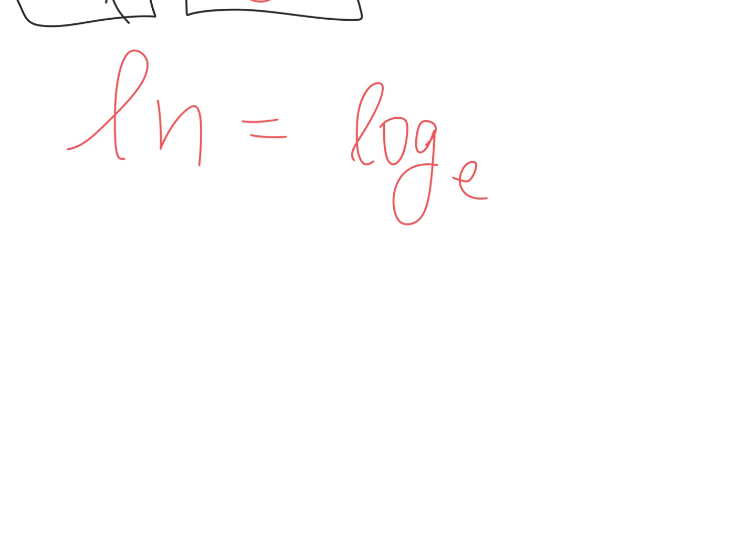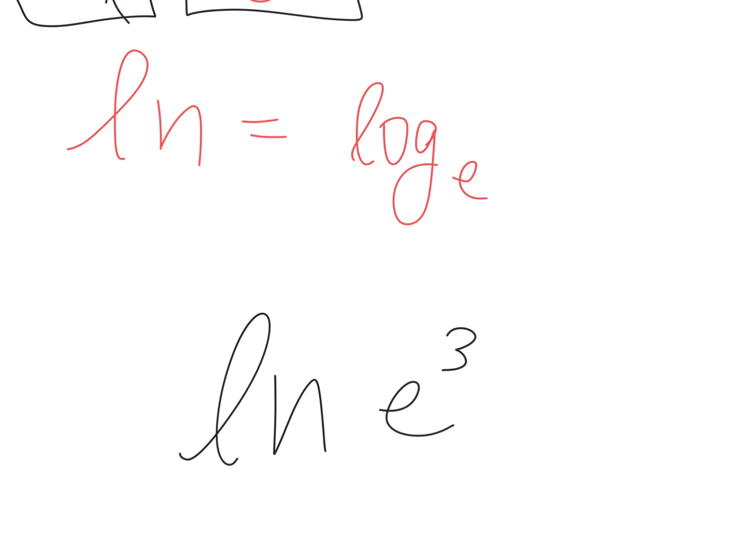I'll give you an example of a question that could easily be on your next test. ln e to the third. And it's so confusing until you do what I said. What do you replace ln with? Log base e, yes. And then all of a sudden, it becomes obvious. What's the answer? 3.